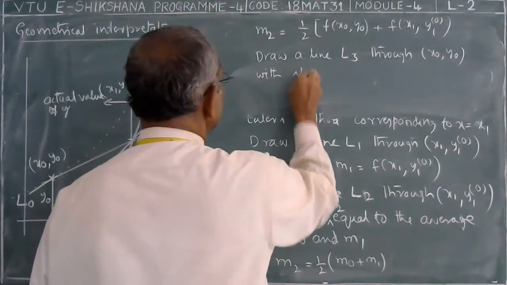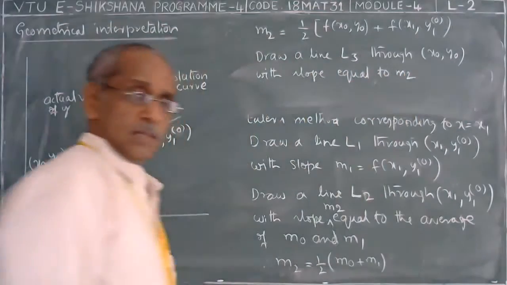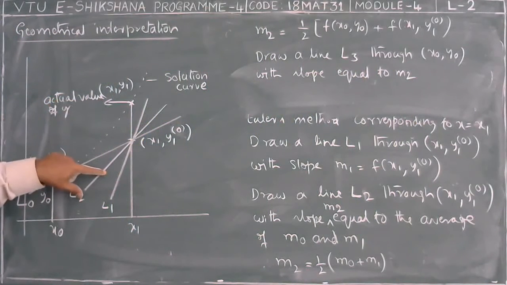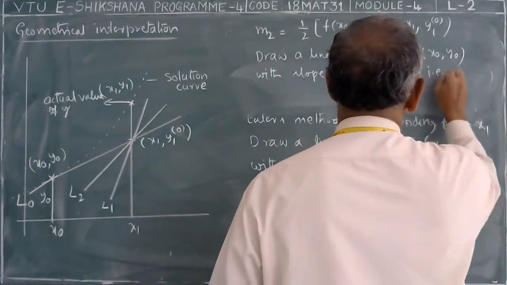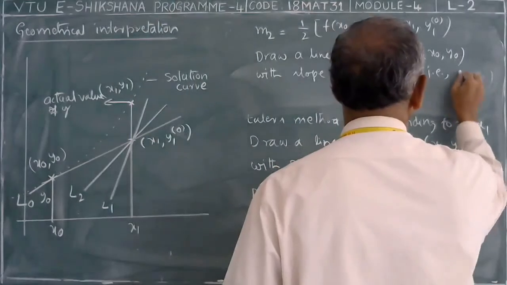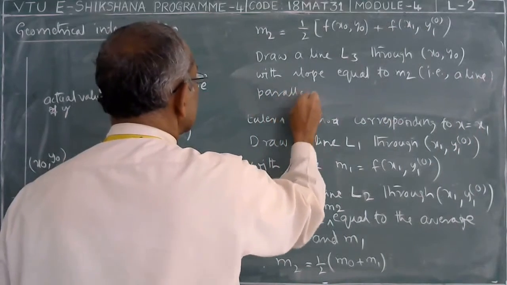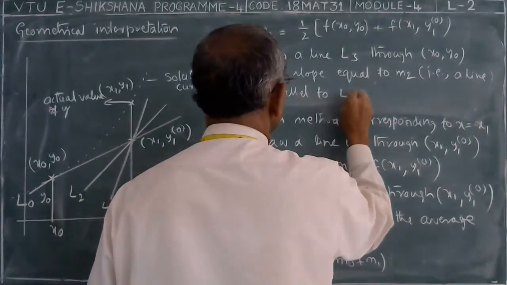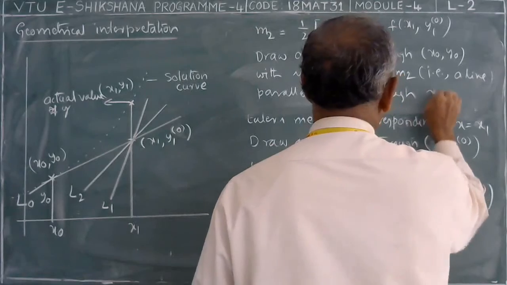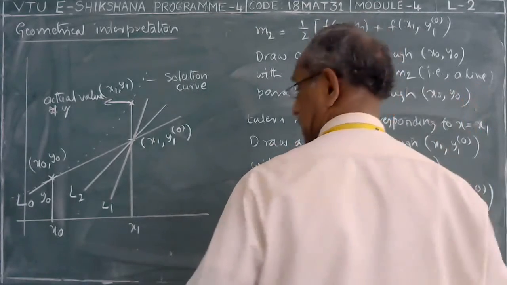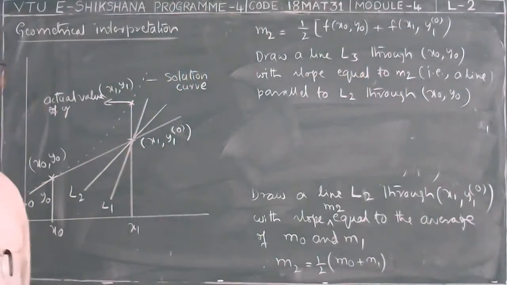With the slope equal to m2. That means a line parallel to N2 through this point, through x0 y0.